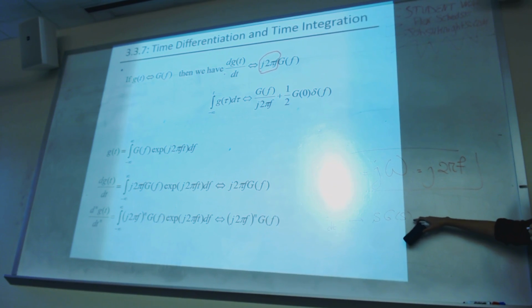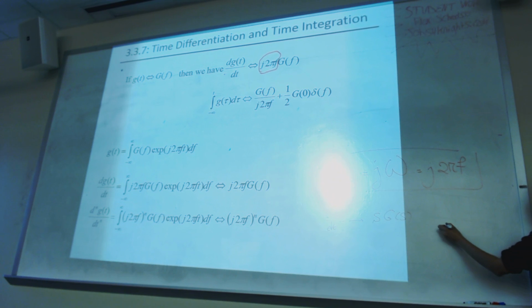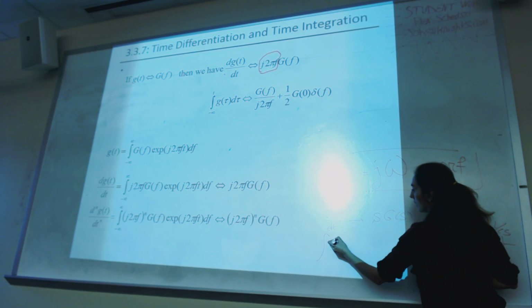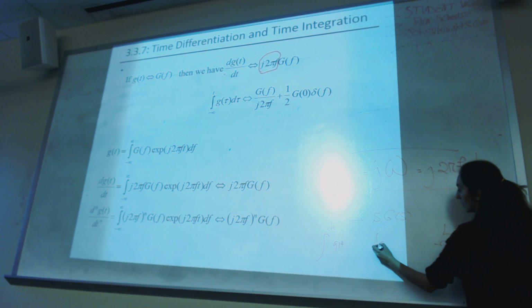Even when you're doing circuits, you remember Ls for the inductor and 1 over Cs for the capacitor. These are all because this is the derivative of the current or voltage, and this is the integral. So this multiplication comes from this property of the derivative, and later on the integral. The integral is 1 over s.